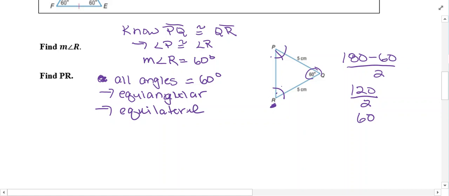So that means all the sides would have to equal 5 centimeters. So the measure of PR would equal 5 centimeters.